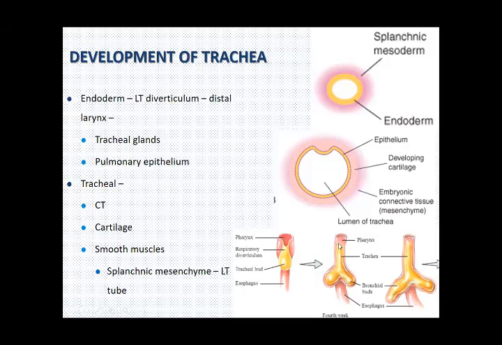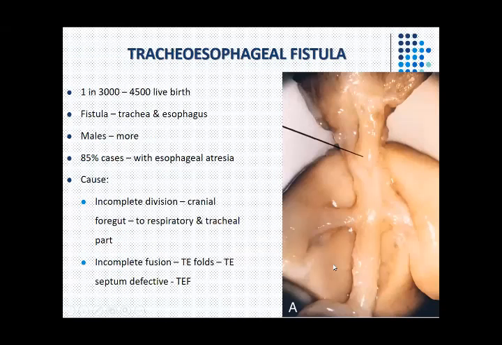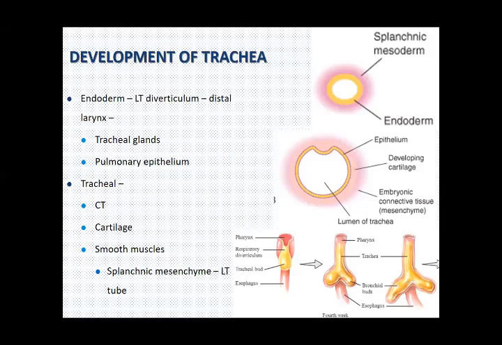Distal to the larynx, the laryngotracheal tube develops into the trachea. The laryngotracheal tube distal to the developing larynx develops into the trachea. The same point applies: the lining of the trachea will also be formed from endoderm. Sorry, the endoderm develops into the glands of the trachea.